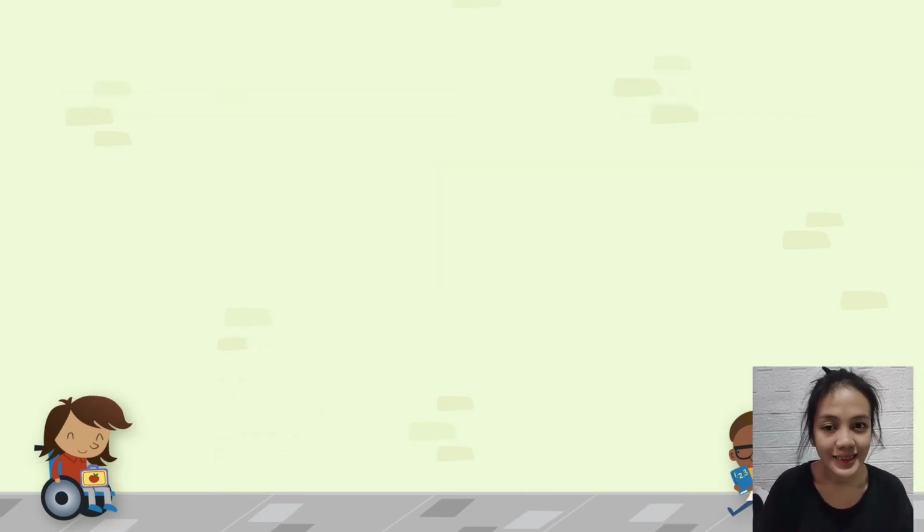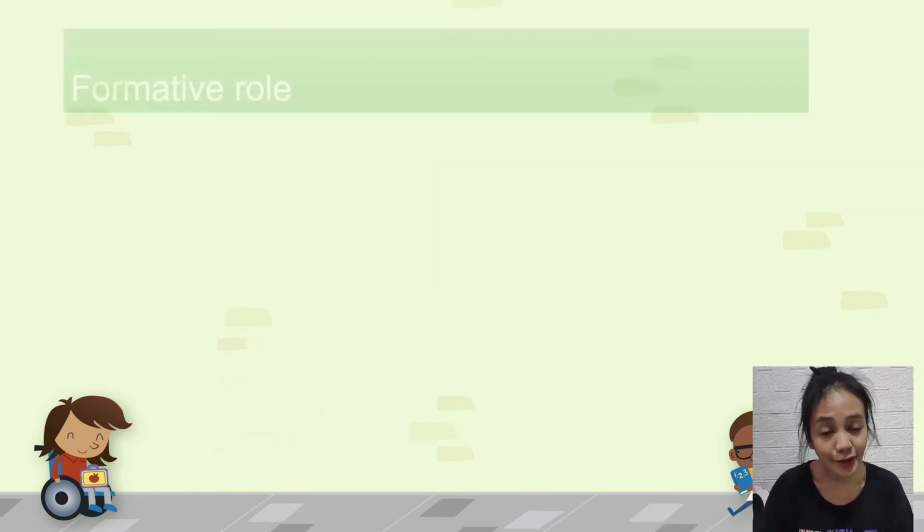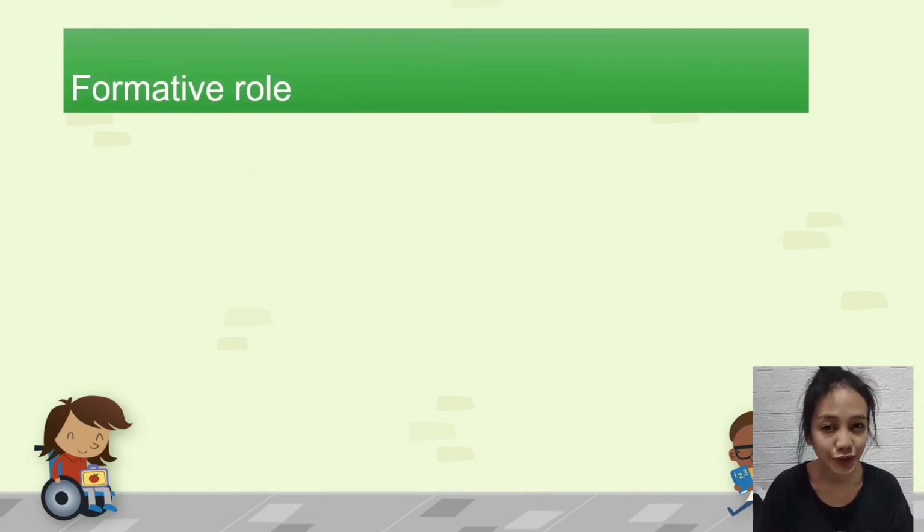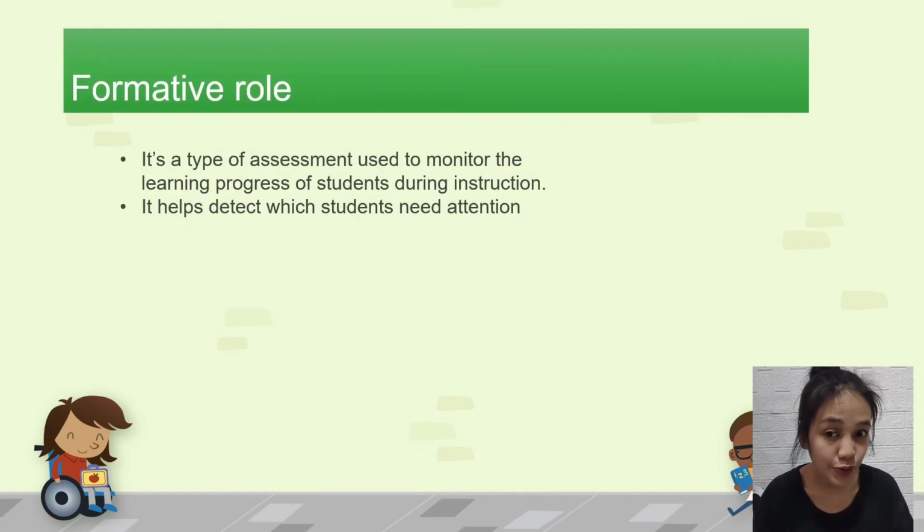Third one is the formative role. It's a type of assessment used to monitor the learning progress of a student during instruction. This assessment helps detect which students need attention.